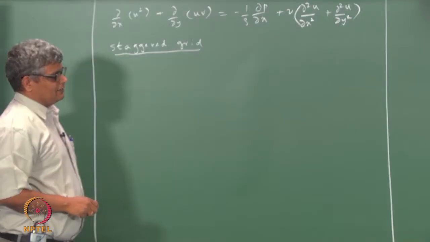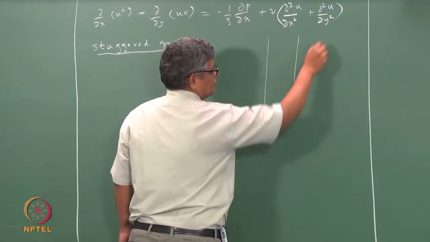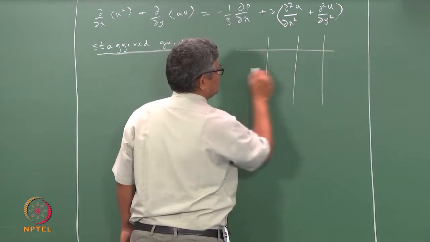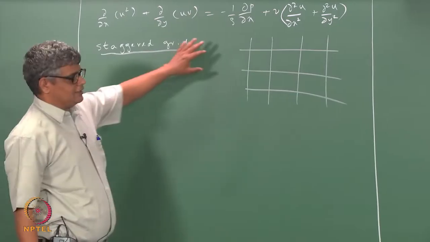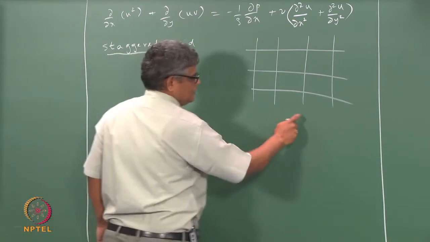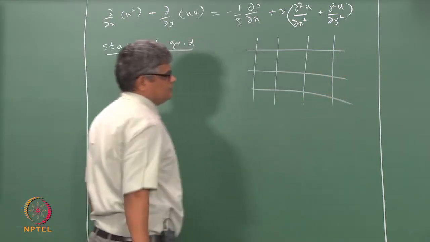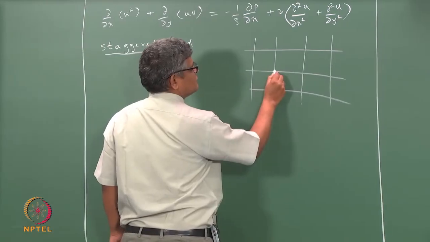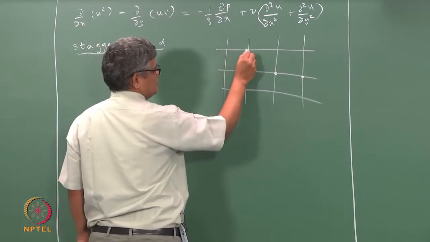The staggered grid that we have looked at, these are the grid lines. So, you have I plus 1, I minus 1, j plus 1, j minus 1, and at the centers of each of these, pressure is evaluated.